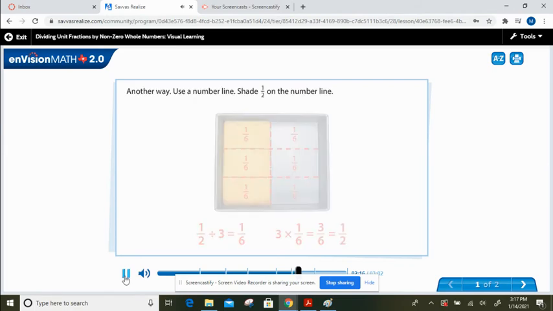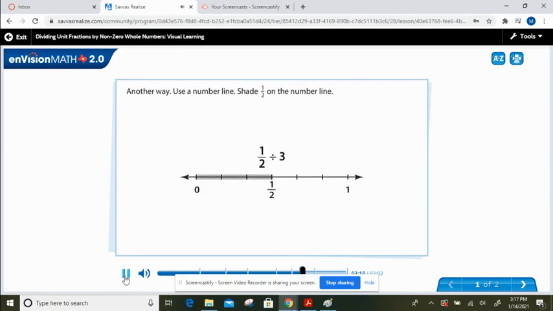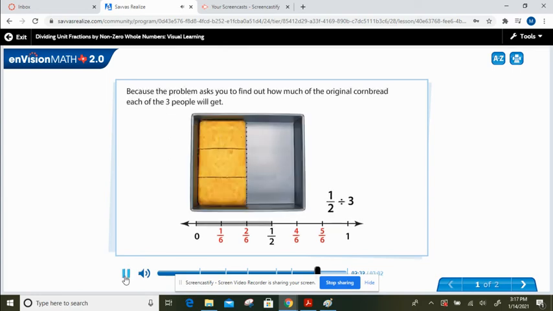Another way, use a number line. Shade 1/2 on the number line. Divide 1/2 into 3 equal parts. Why do you divide 1/2 into 3 equal parts? Because the problem asks you to find out how much of the original cornbread each of the 3 people will get. 1/2 divided by 3.